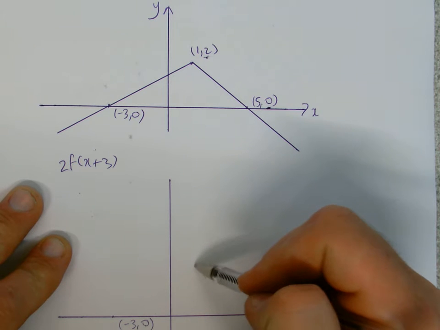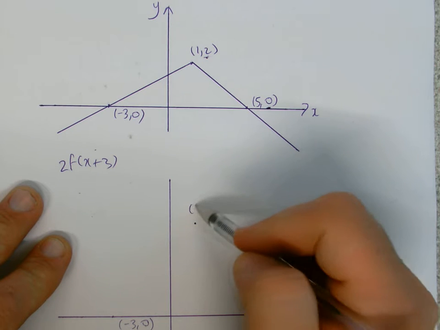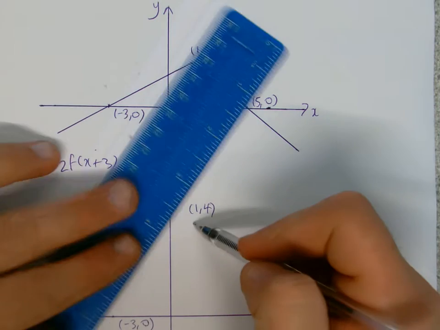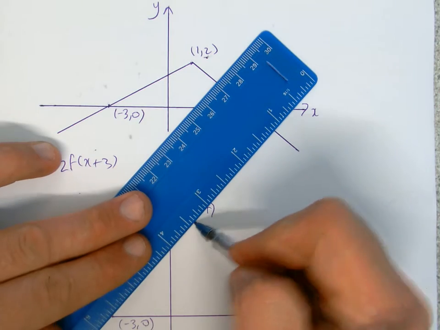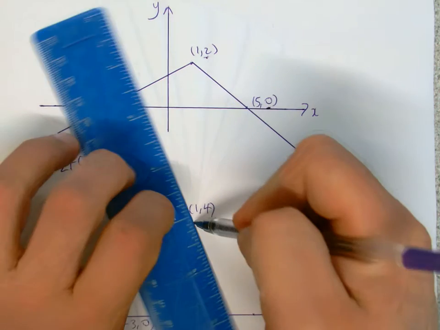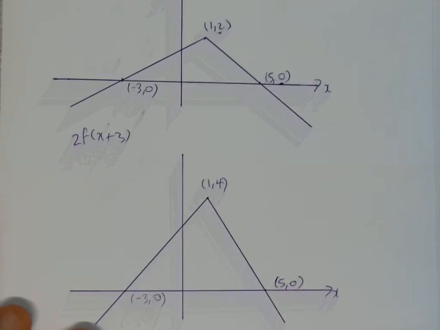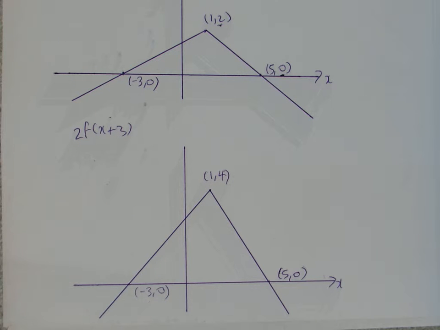So we're going to be up here somewhere. Alright, so we've got then our graph 2f of x plus 3.